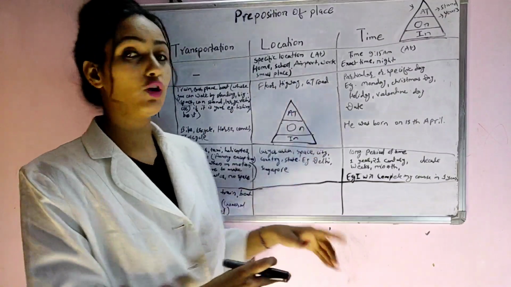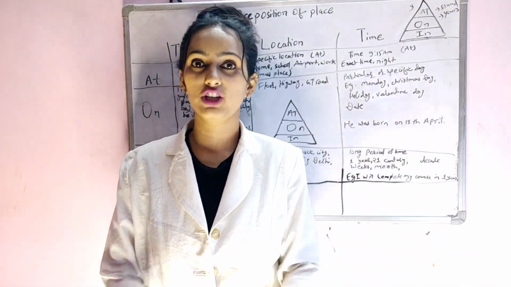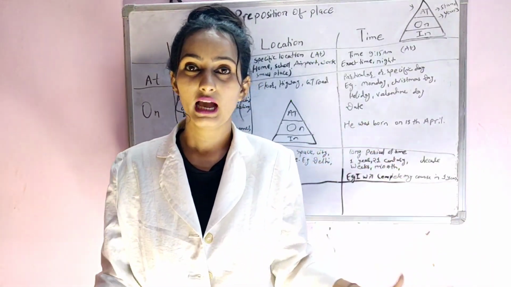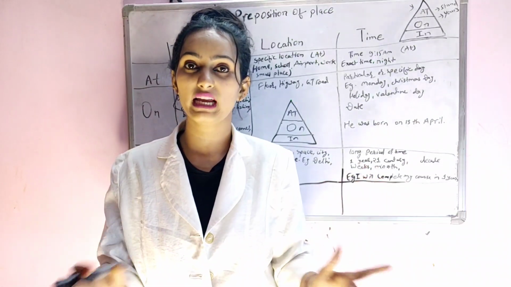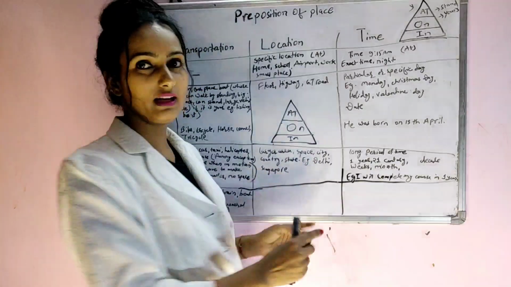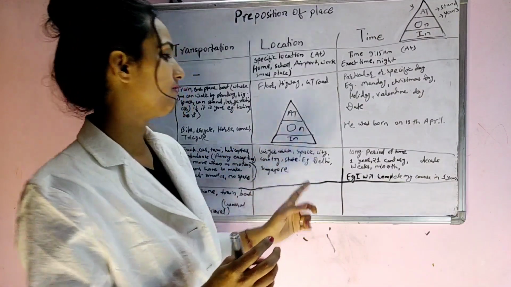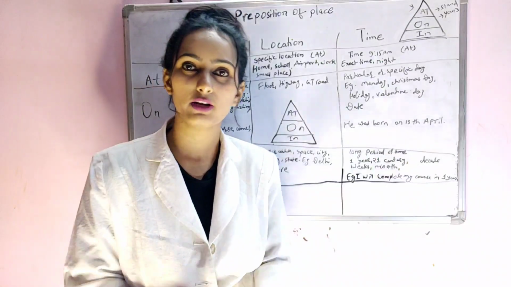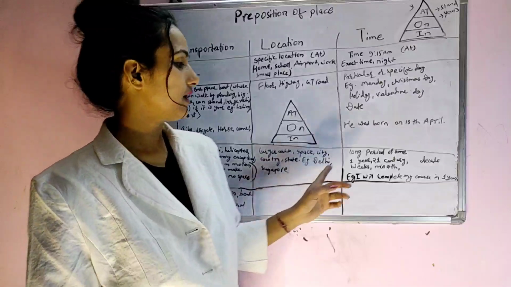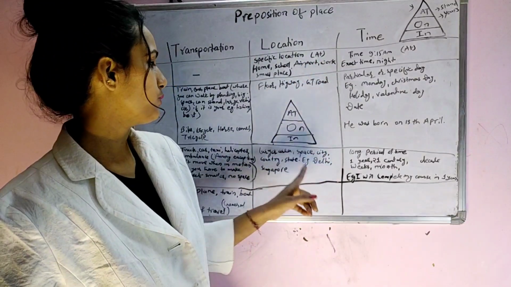And if we are talking about a large area, for example America, India, or a city like Mumbai, Delhi, then in this case you have to use "in". For example, Singapore, Kathmandu, Nepal, because it is comparatively bigger than these, you have to use "in" here.